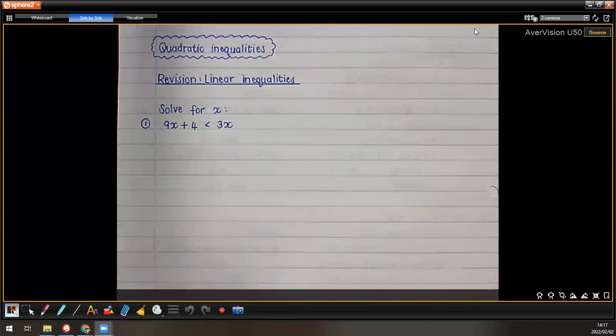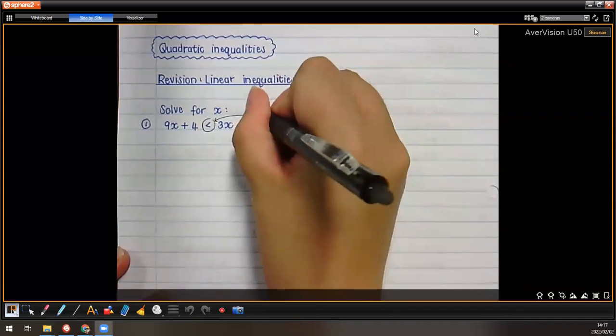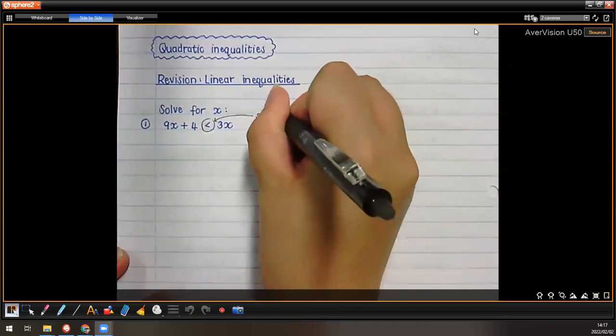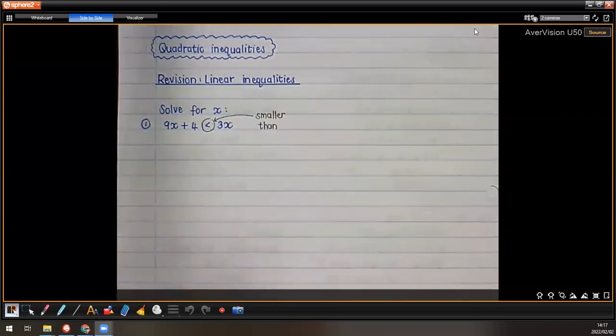I'm not saying that 9x plus 4 is equal to 3x. I'm saying that 9x plus 4 is now smaller than 3x. That is what that symbol means. So we can just circle that symbol and write there "smaller than".